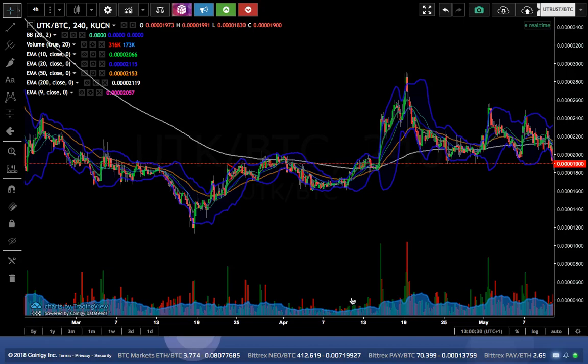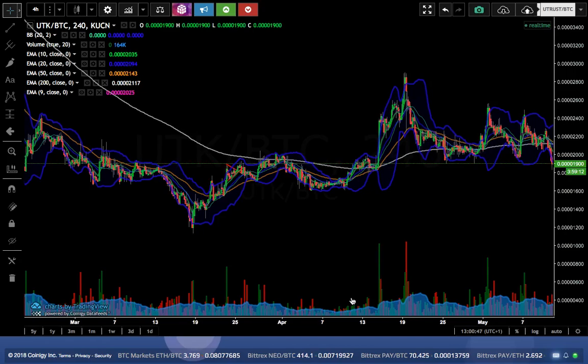It's not going to have a 200 EMA, but let's just say you're using a 50, for instance. You're using a 50-day EMA, or you decided I'm going to use the 200-day EMA on the 1 hour and the 4 hour, and maybe the 6 hour, because we've not got a 1-day 200 EMA yet with Utrust, not while it's been on KuCoin anyway.